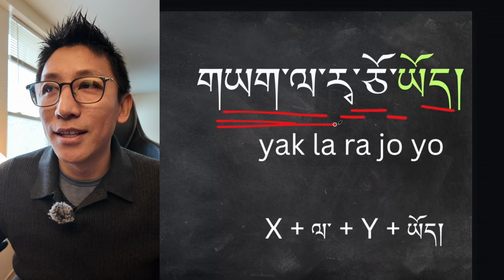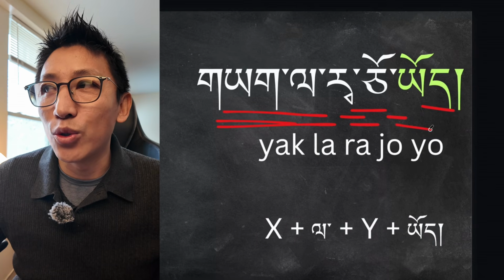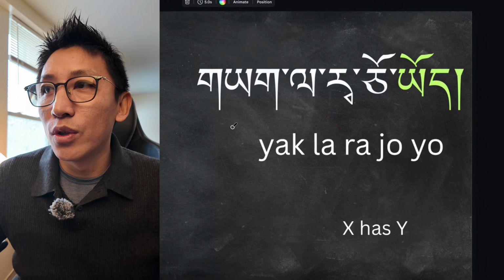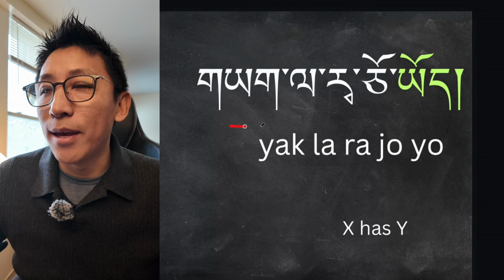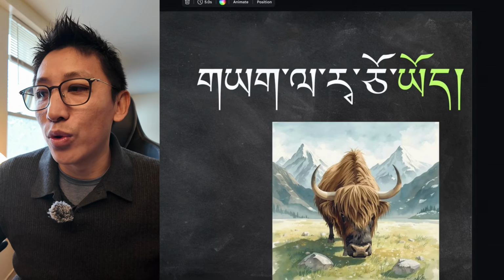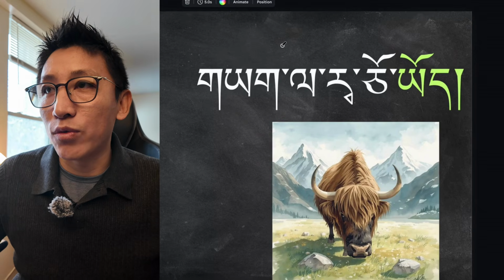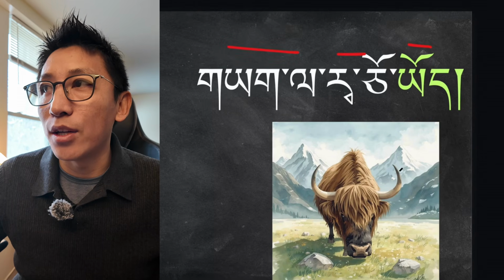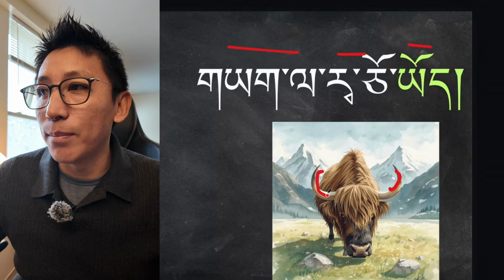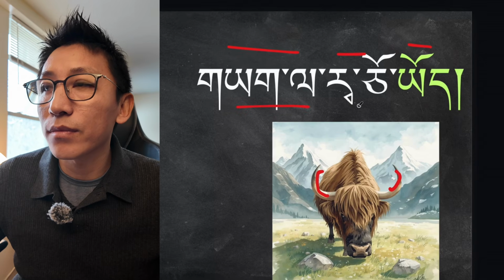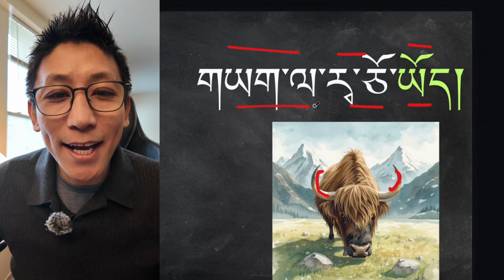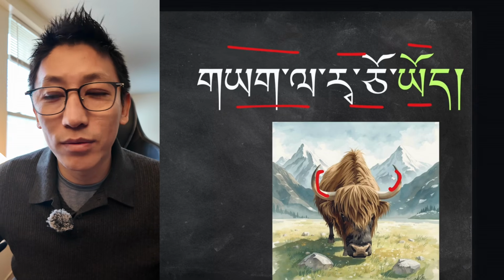Nice. So it's a fact, right? Yak has wool. So we say "yak la raju yu". "Raju" means the wool. Now it's your turn.